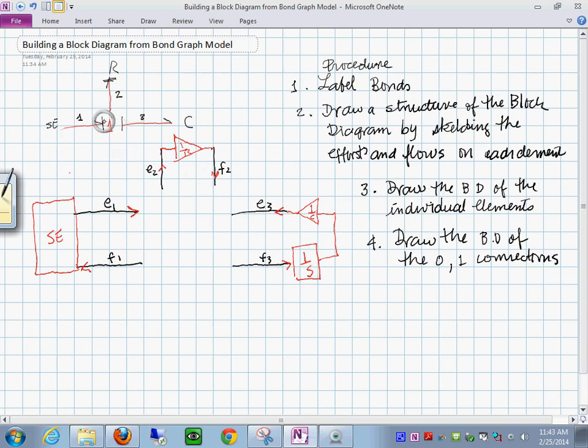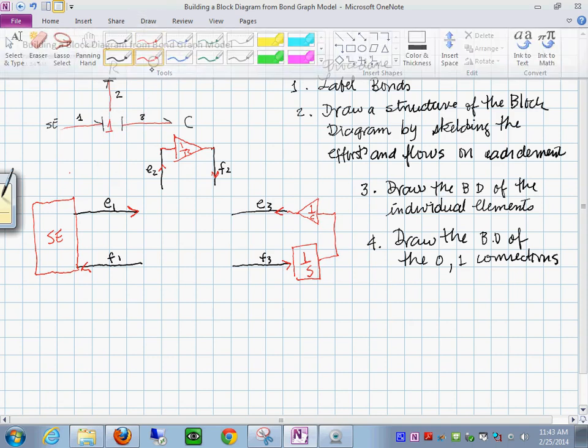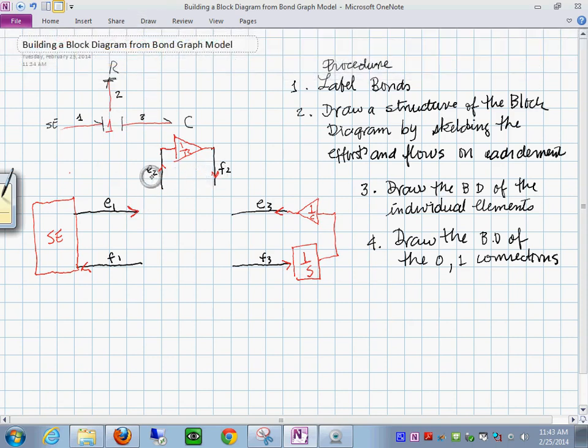What's common to this one over here? I'm going to change color so you can see it clearly, that the common variables are the flows. So that means that these variables are the same, and they would be drawn like this, see?